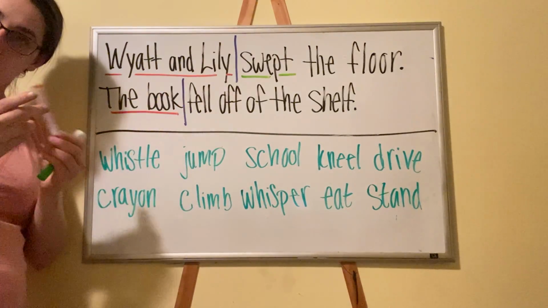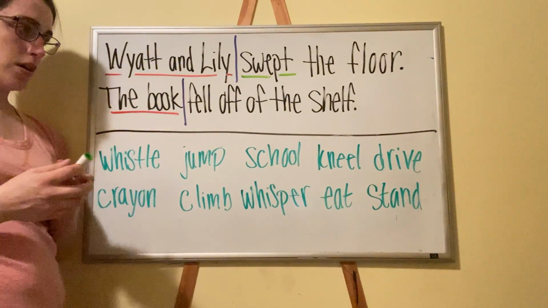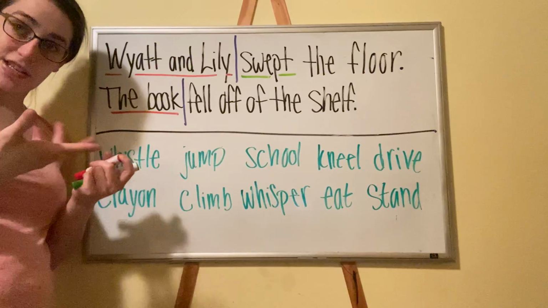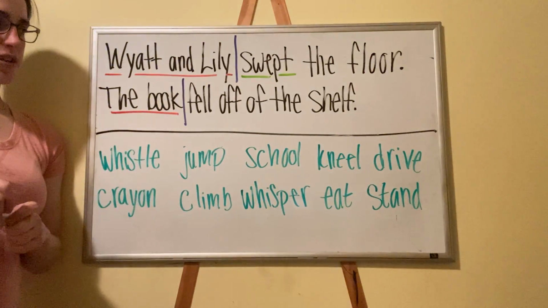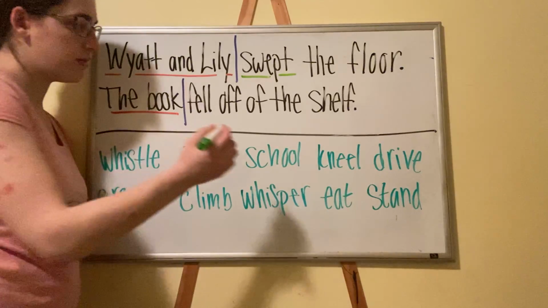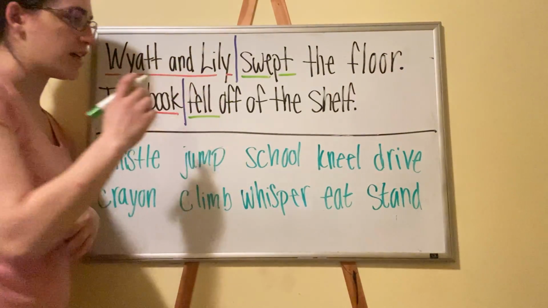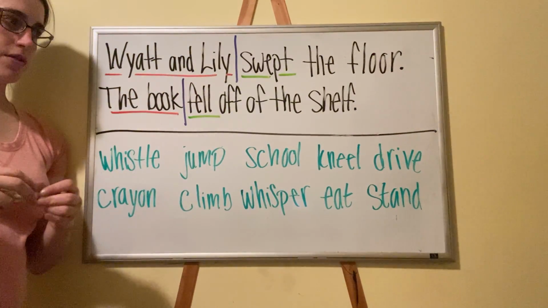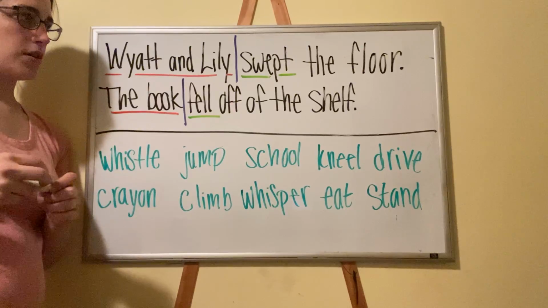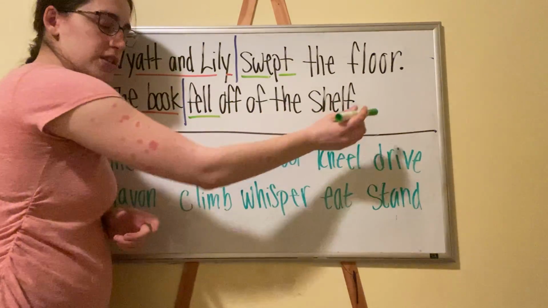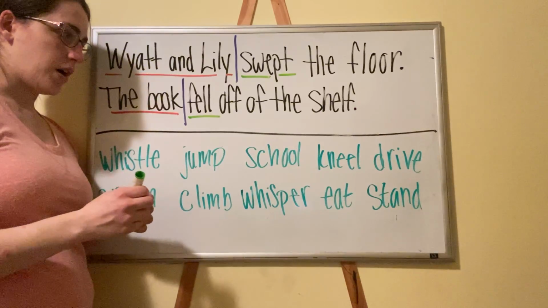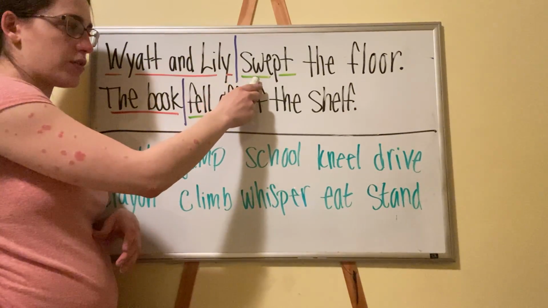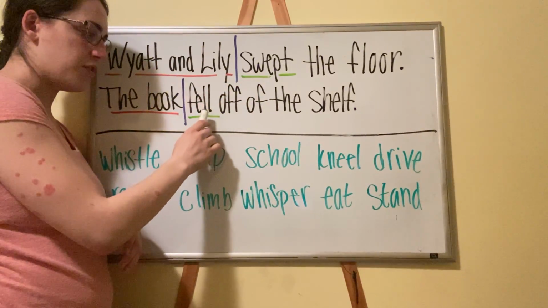The book is your subject. Your book is who or what is doing the thing. And what is the thing that's happening in this sentence? The book did what? The book fell off of the shelf. You could underline the whole sentence too if you wanted. That would be the complete predicate. But what you see here is these are the verbs, swept and fell.